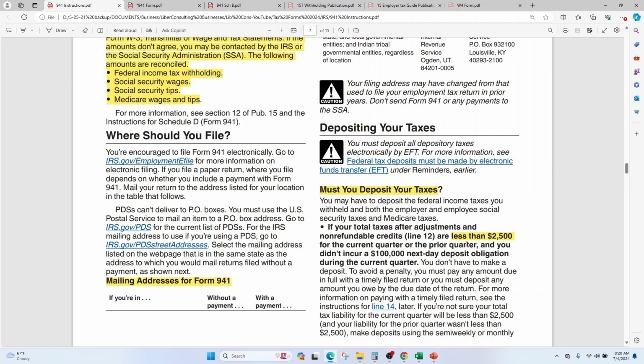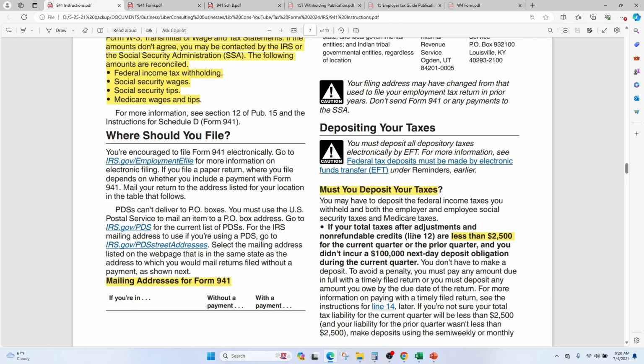You may have to deposit your federal income tax withheld and both the employer and employee Social Security tax and Medicare tax.